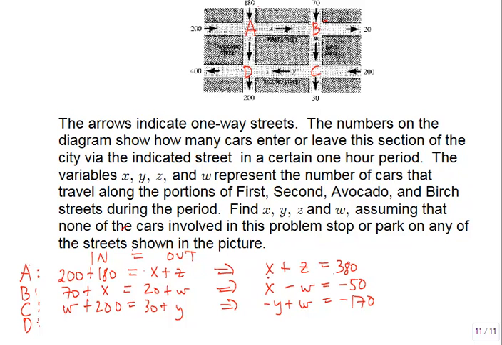Okay, let's do intersection D. What's going into D? Z is going into D, and Y is going into D. So Z plus Y is going in. What's coming out? 200 and 400. So this tells me that I have Z plus Y equals 600.